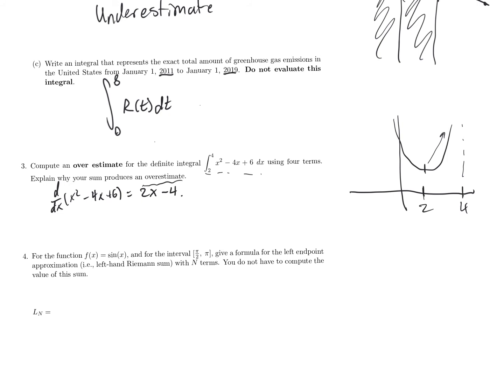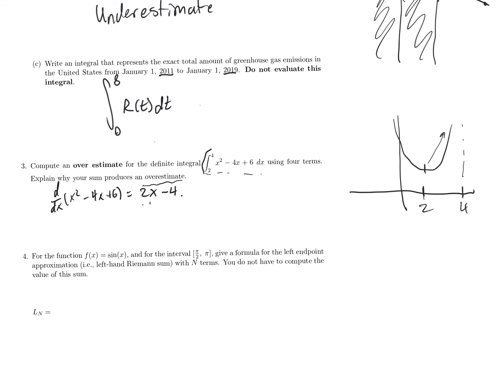Now, if I plugged in a number between 2 and 4 into this derivative, I would get a positive number, right? Take a moment, think about it yourself. If I plug in 3 here, I'll get 2 times 3 minus 4. That's 2. That's positive. That means that the graph really does increase from 2 to 4.